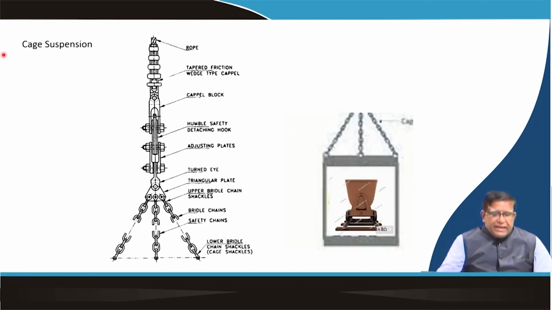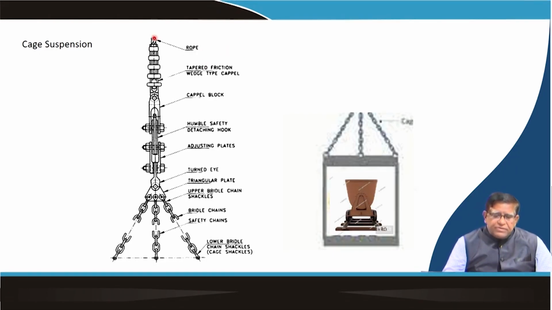So, within the cage you will have to have the mine car, and then you will have to suspend it, and then it will have to be lifted. So, there is a wire rope, this steel wire rope, which is also used in rope haulage. This wire rope will be connected to this cage, and these are the suspension chains.